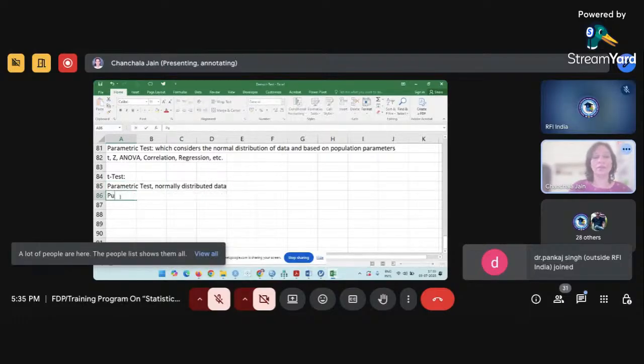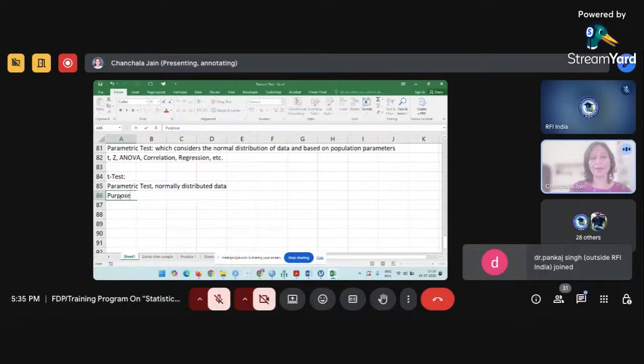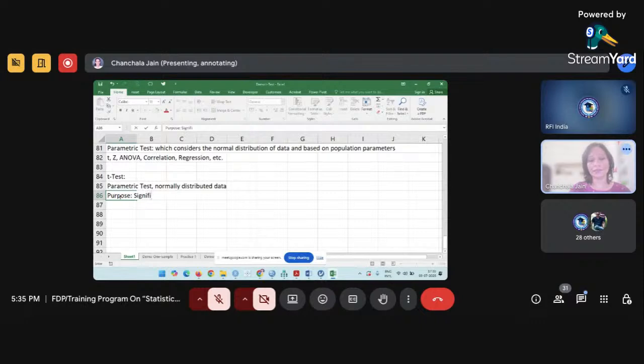Then the question comes, what is the purpose or why are we using the t-test? Whenever we are finding the significant mean difference, whenever we are interested to see whether a significant difference exists between the two groups, generally we are using the t-test, right? Wherever we are talking about the mean difference, we are talking about the t-test, right? So this is the purpose of using the t-test.